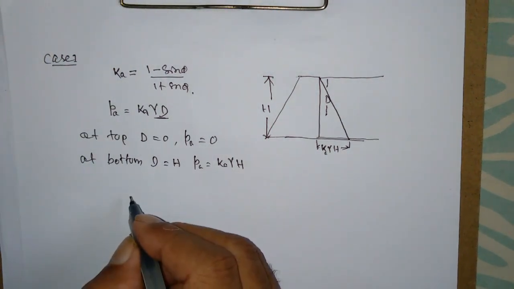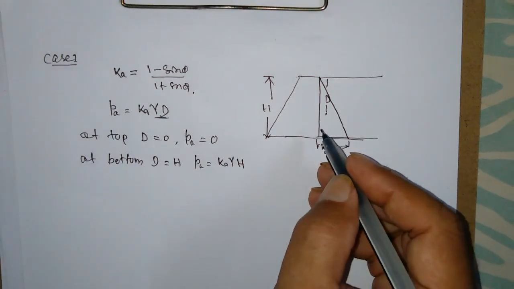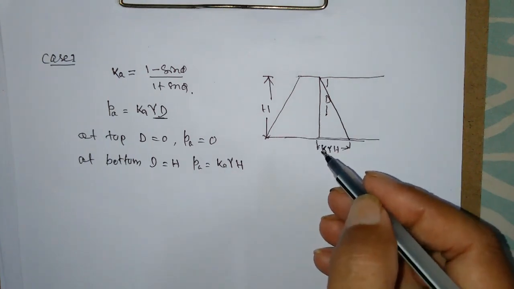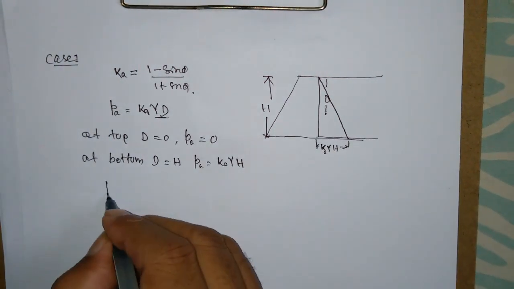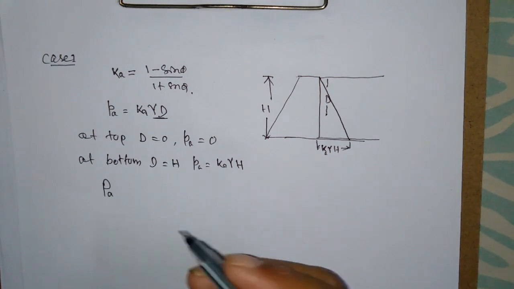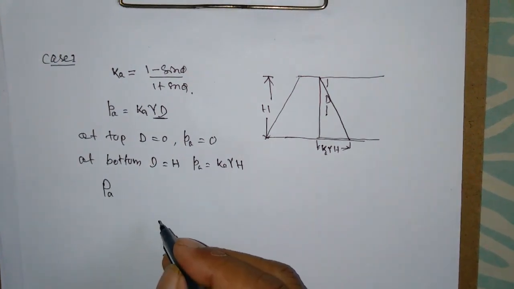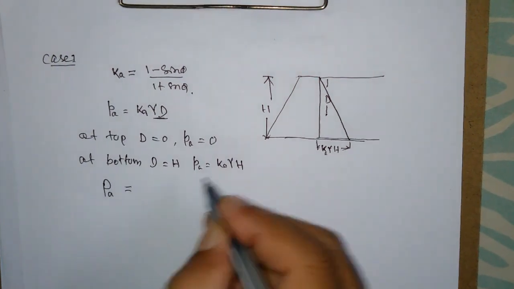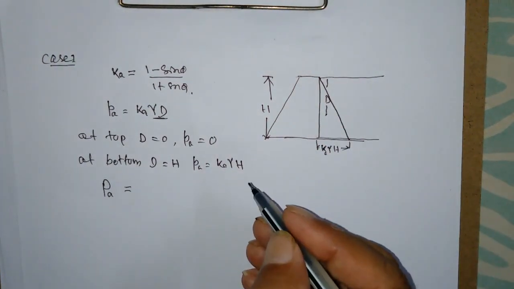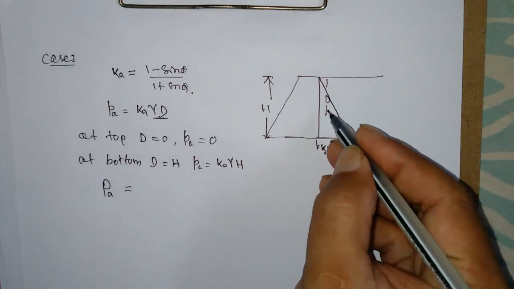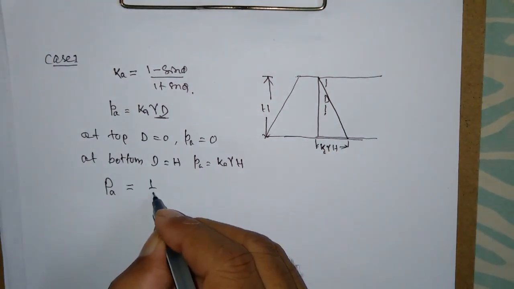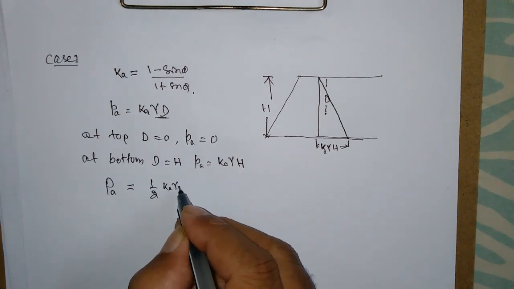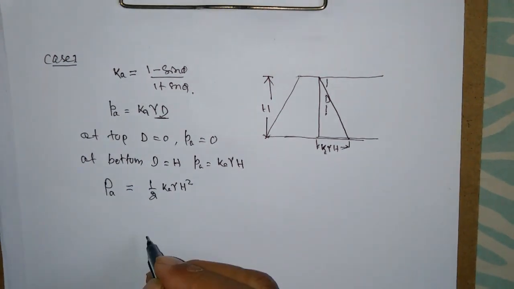Now, most often, this active earth pressure at times is represented as an active thrust. There is capital Pa, which is a force acting at a single point. It is found as the integration of the pressure, or simply the area of the triangular diagram. That is half Ka gamma H square.